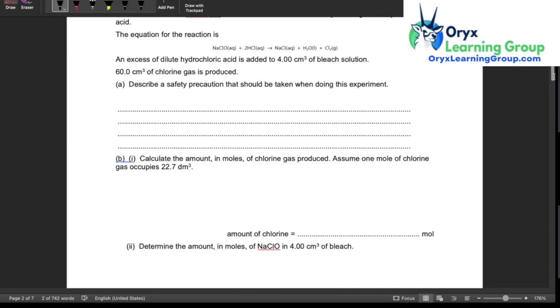Yes. How much did you get? The answer is 0.003. Okay, so you've got 0.003. Let me write it here, 0.003. Let's wait for others to finish. Anyone with a different answer?